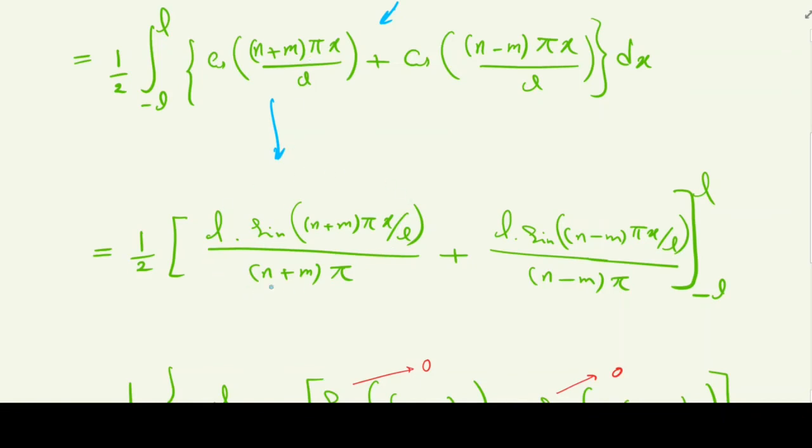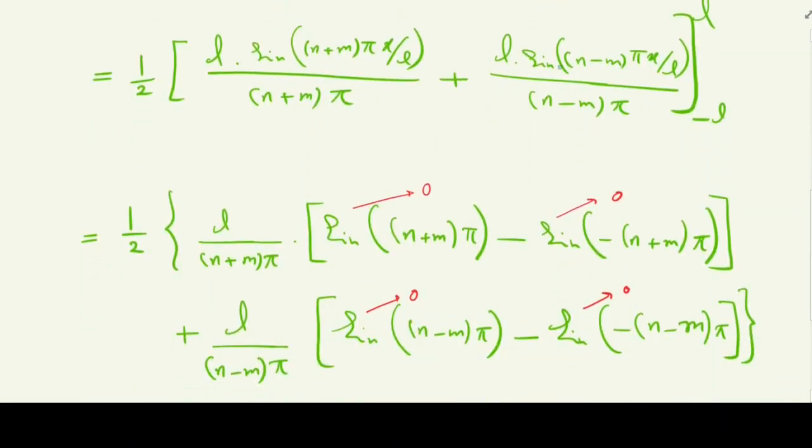For the second one, the integral of cosine is again sine of n minus m times pi x over L, multiplied by L divided by n minus m pi. The lower and upper limits are minus L to L.